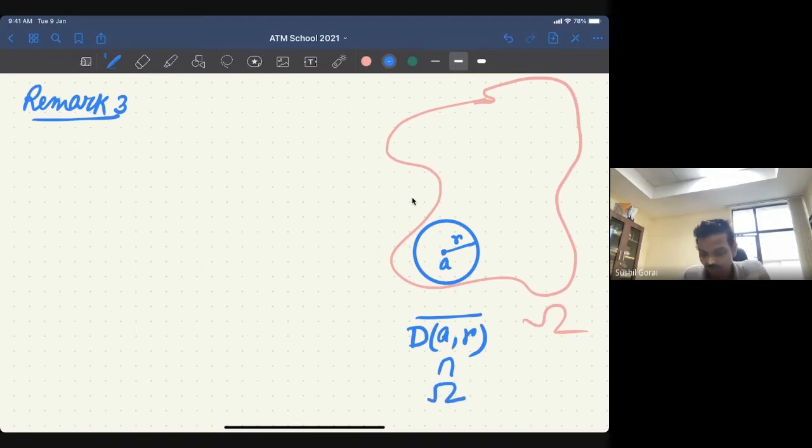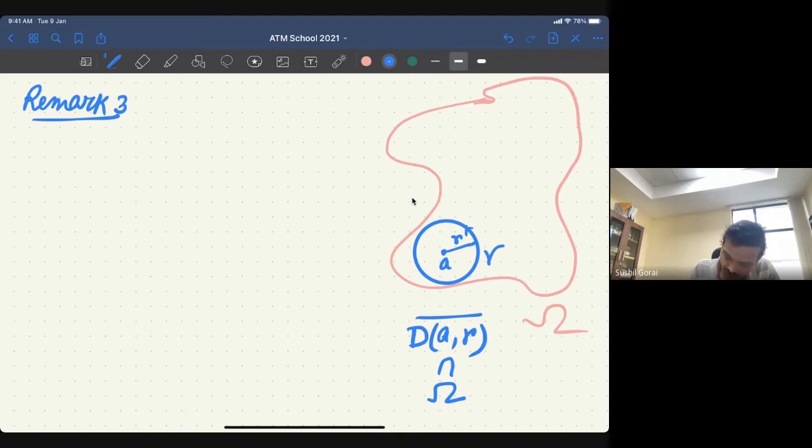So you have this boundary curve gamma. This is a simple closed curve, so you can use the Cauchy integral formula. Therefore, the index will be 1 inside and 0 outside.